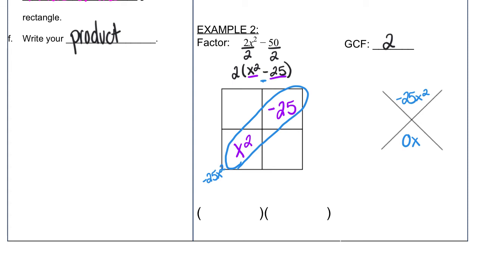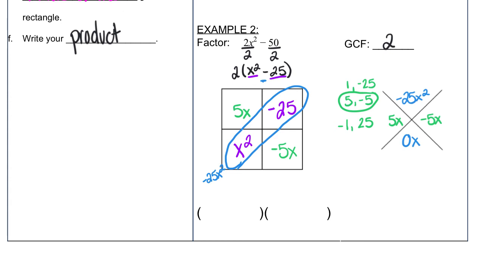So I'm going to list all the ways to multiply to negative 25. Then I need to look at my factors and figure out which one would give me a sum of 0. And that's this combination right here, 5x and negative 5x. I'm going to then take those sides and plug them into my generic rectangle. Again, it doesn't matter where they go.